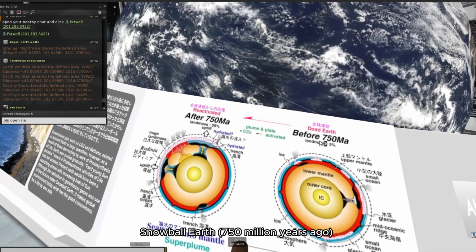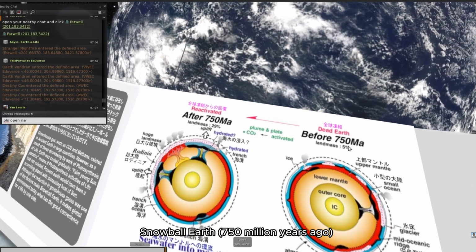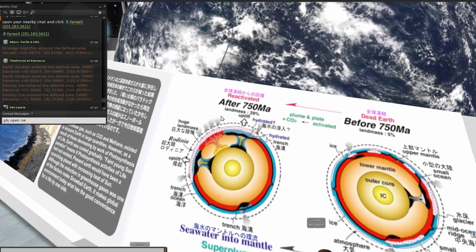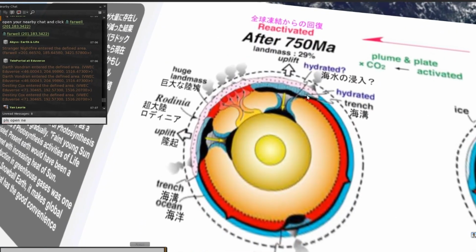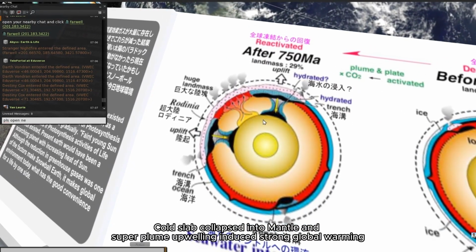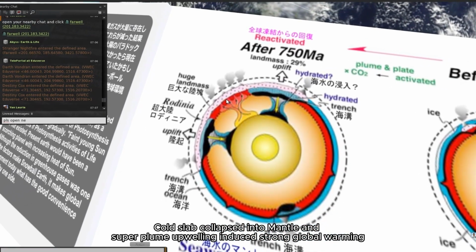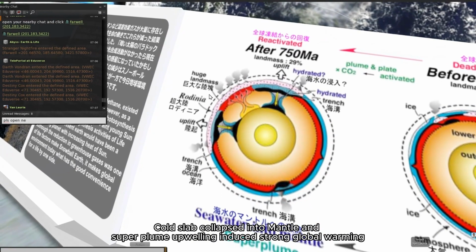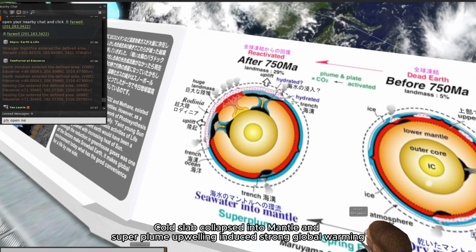Before 750 million years ago, and after the end of Snowball Earth, cold slab collapsed into core and super hot plume upwelling, and strong global warming ended Snowball Earth.